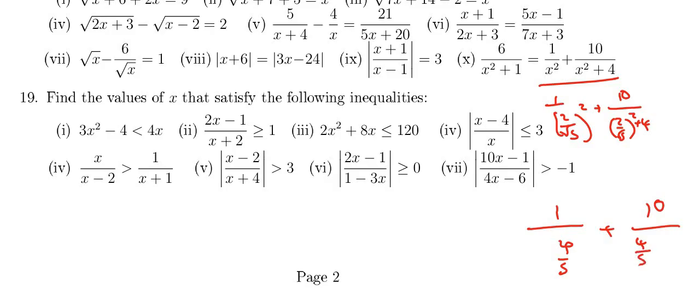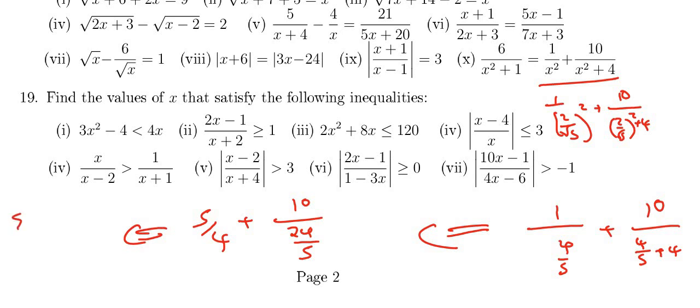This is 4 over 5 plus 4. This can be 5 over 4 plus 10. Then down here, this is going to be 24 over 5, which is the same as 5 over 4 this side.